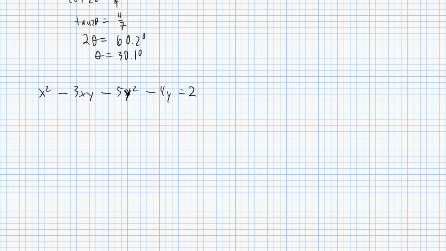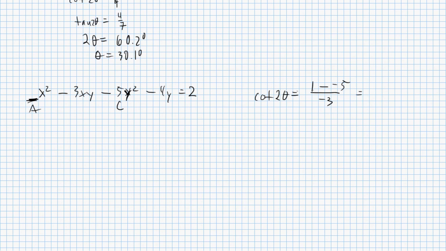formula, the cotangent of 2 theta would be equal to the a, which is 1, minus the c, which is negative 5, over negative 3.